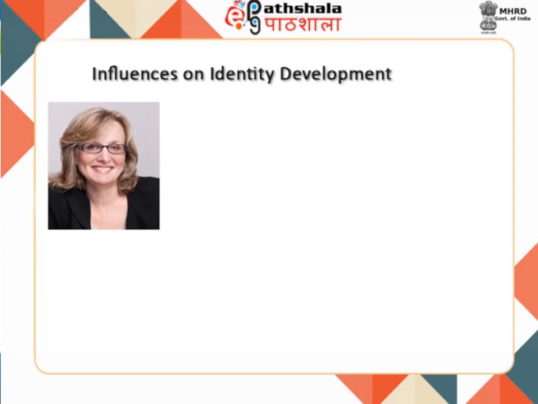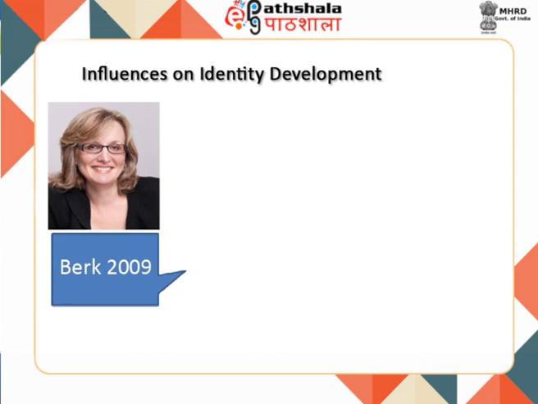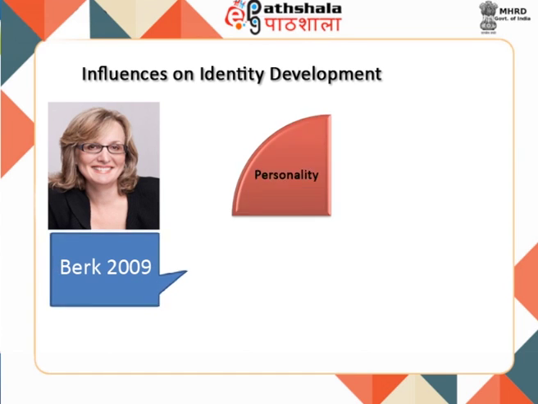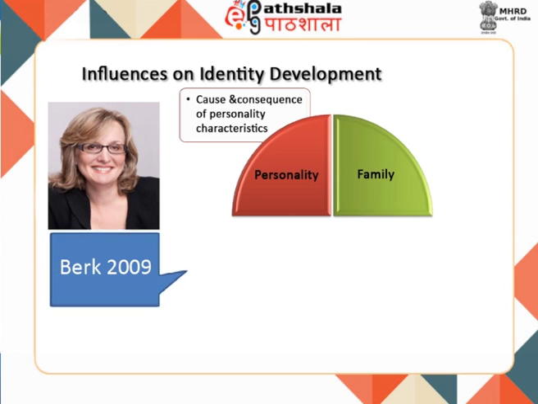A wide variety of factors influence identity development. Burke, 2009. Personality. Identity status is both cause and consequence of personality characteristics. Family. Teenagers' identity development is enhanced when their families serve as a secure base from which they can confidently move out into the wider world.